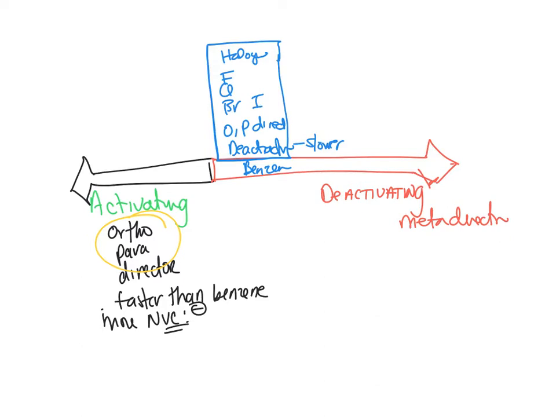Now the ones that are activating over here, you have pi donors. So that means they have a lone pair that is going to donate into the pi system. You have anilines, you have phenol, you have an ether, and you have an amide. Those are pi donors.